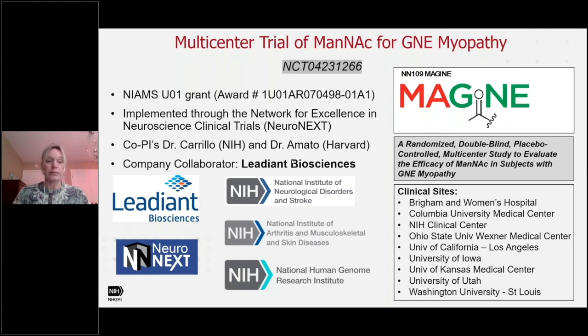And the enrollment has been delayed. And there is no specific estimate for when the sites will open up at this point. And I hope that David Clemens in 3 weeks can give a little more information about enrollment for this trial. And you can find all the information on clinicaltrials.gov as well.